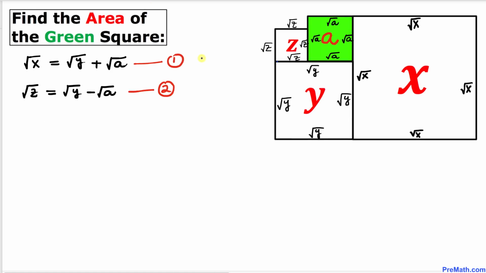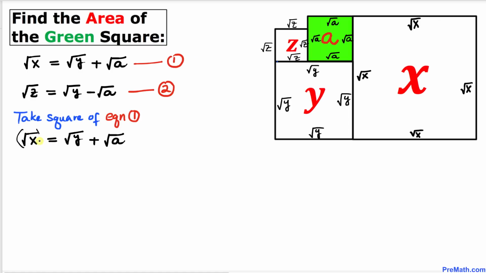So we have got these two equations, and now let's take the square of equation 1. And here's our equation number 1. Let's take the square on both sides, on the left hand side and on the right hand side as well. Now we are going to use this formula to expand the right hand side.